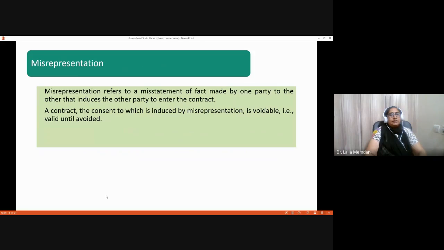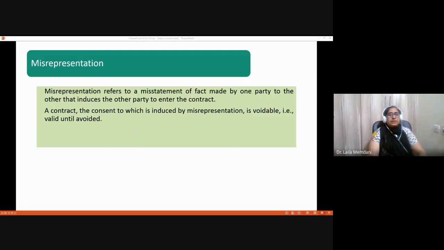Misrepresentation. Misrepresentation refers to a statement made by one party to the other, and this induces the other party to enter into a contract. But this statement is not true.